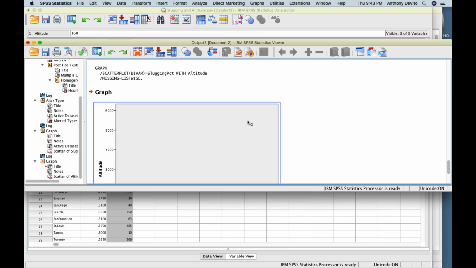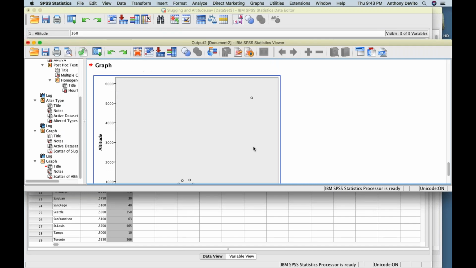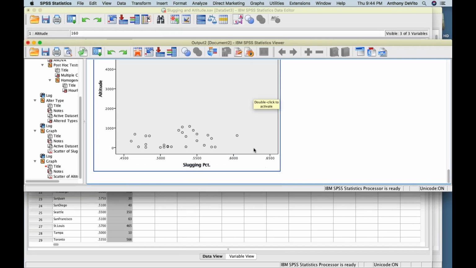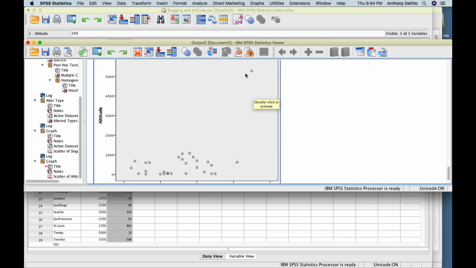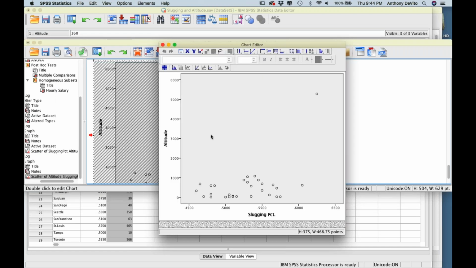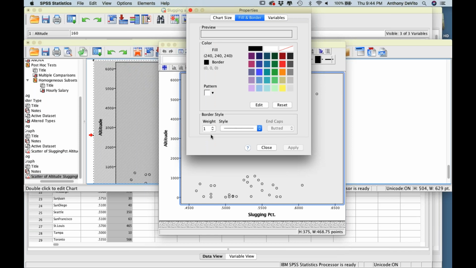If you notice, look at the altitude there. It's hard to tell. Let's see. Slugging percentage is much higher at this higher altitude. Wow, it seems like such an outlier, doesn't it? Of course, it's at a much higher elevation than the other stadiums.